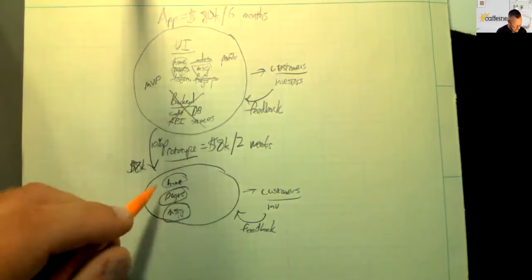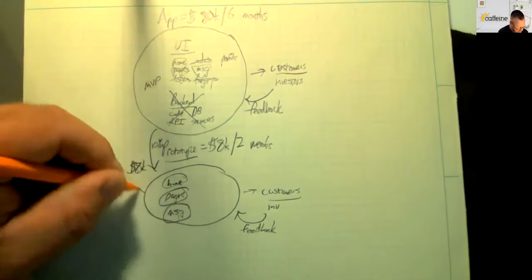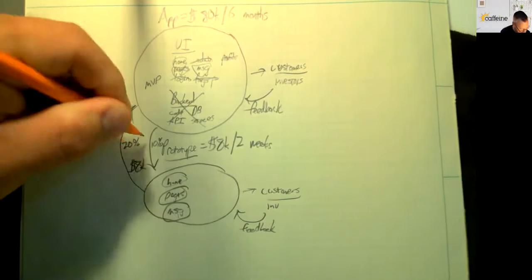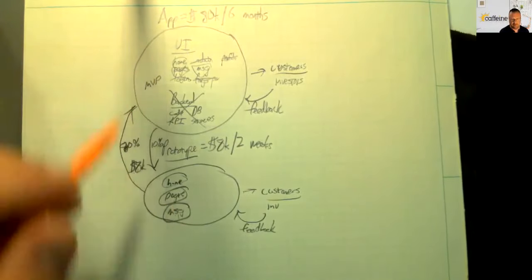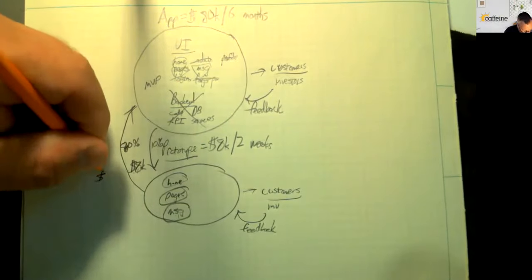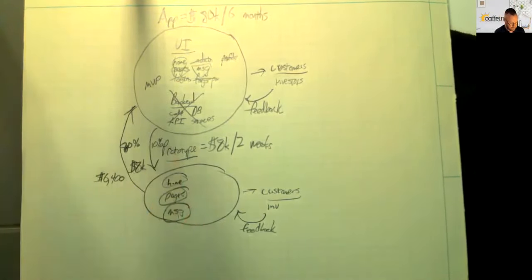So here's what's cool. You built all these things, and let's say you would have built these things anyway. What we find is that about 80% of what you build down here is applicable to your MVP. That means if you spent 8K on your prototype, you will recoup about $6,400 of that cost when you actually go build your MVP.